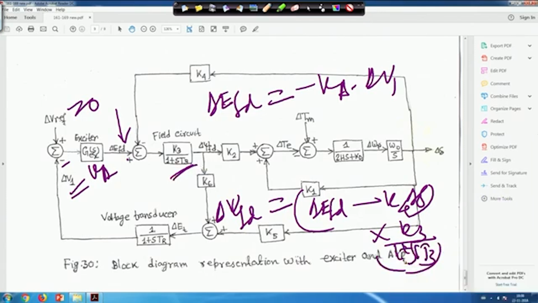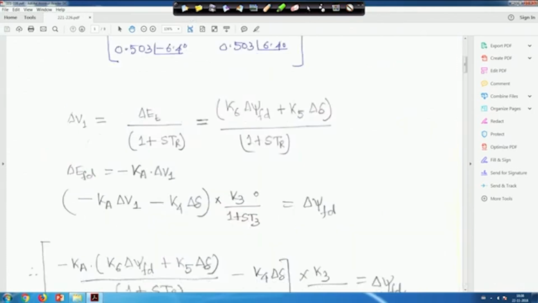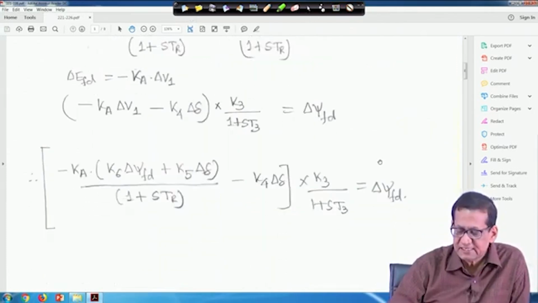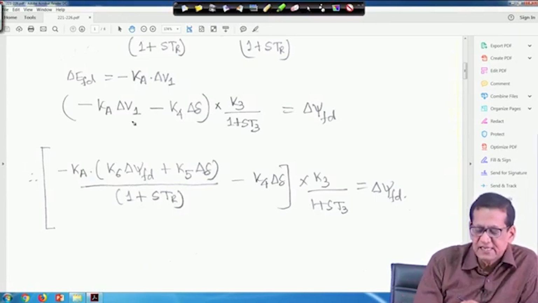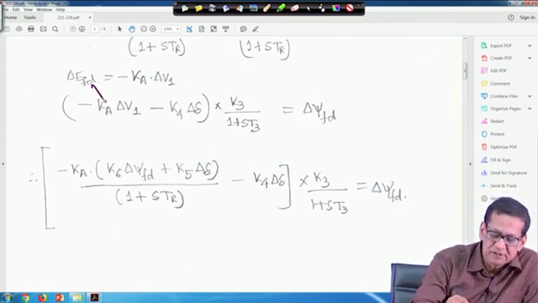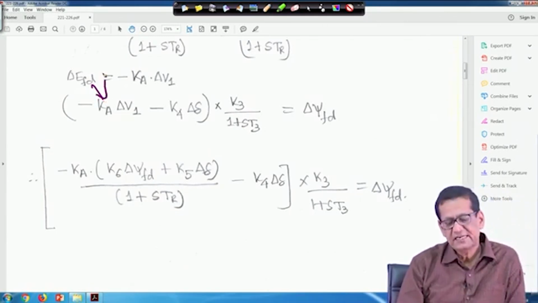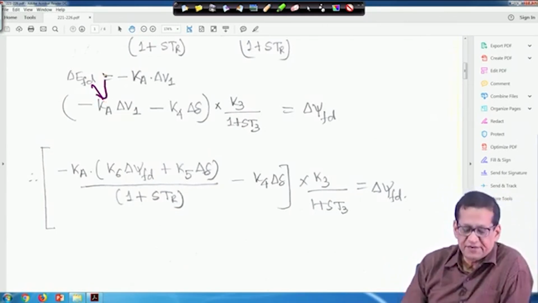The same thing we are writing as in the block diagram, just moving step by step. Therefore, the equation is delta psi f d is equal to minus k 3 k a delta V 1 minus k 3 k 4 delta upon 1 plus S T 3, because delta E f d is equal to minus k a delta V 1.